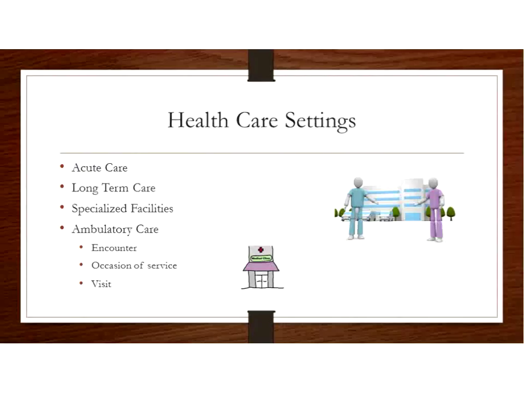So in a visit, you may have several occasions of service, but they actually maintain all of this information. A facility maintains data on encounters, occasions of service, and visits. They can take that information that they collect and analyze different patterns that they may see and then properly appropriate care.